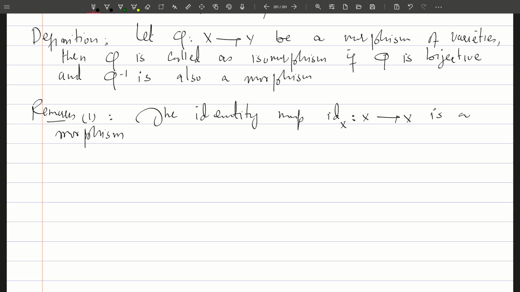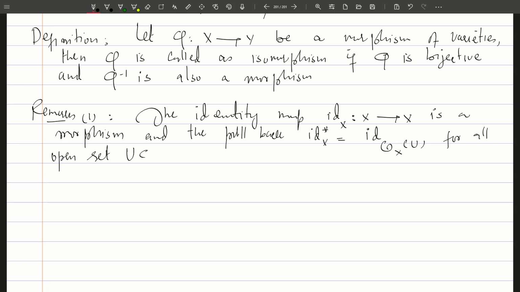And if we look at the pullback, id X star is actually the identity map on the ring of regular functions on U for all open subsets U in X.